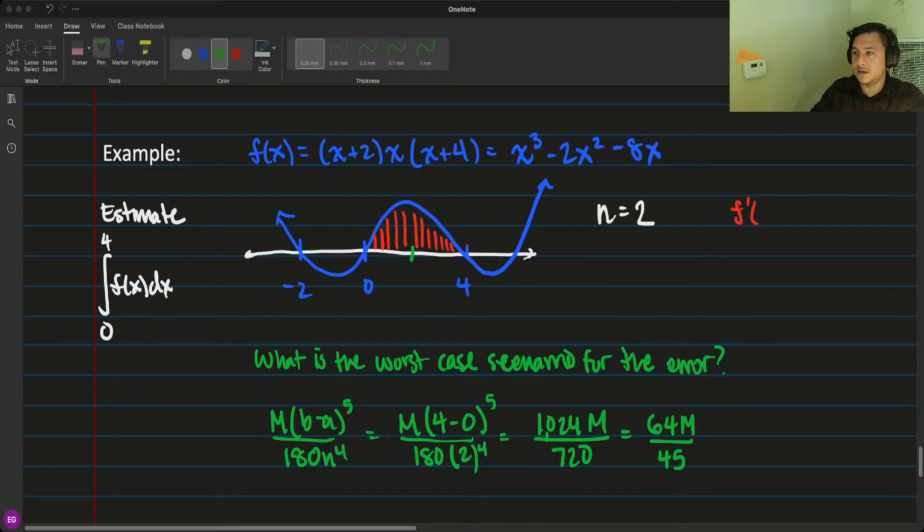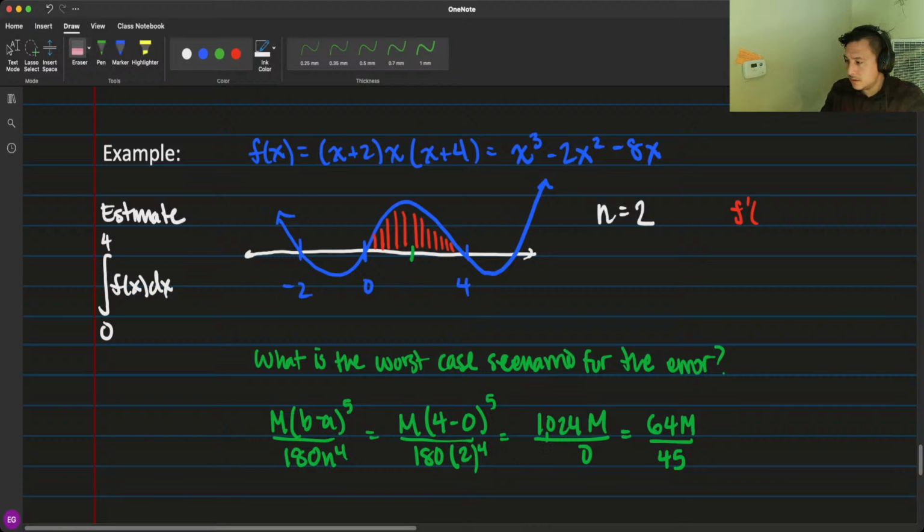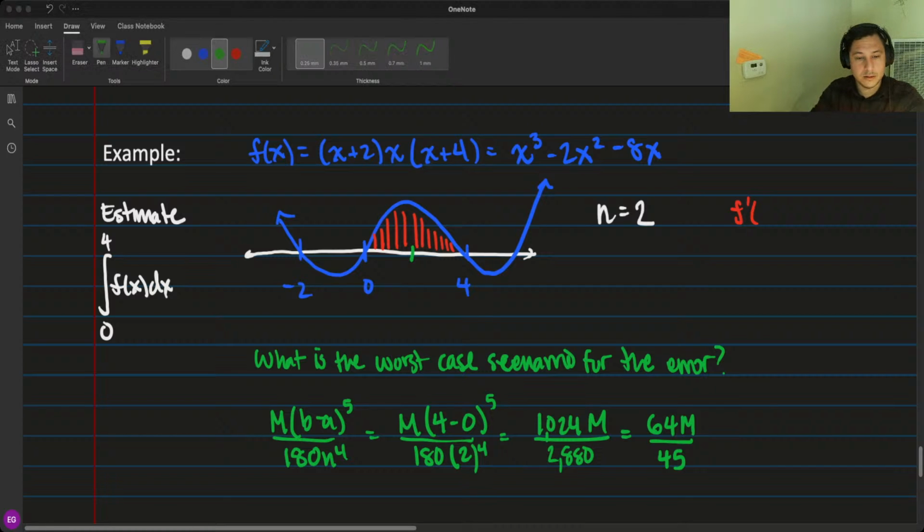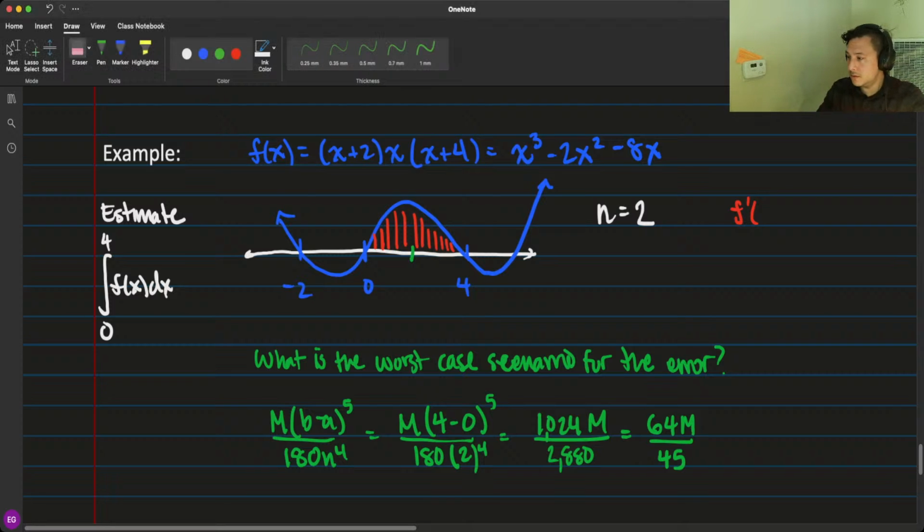That's 2,880. So that changes that number substantially. It becomes 16 over 45. So you get 16M over 45. Thank you for catching that.